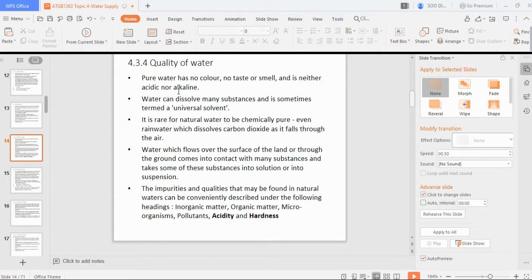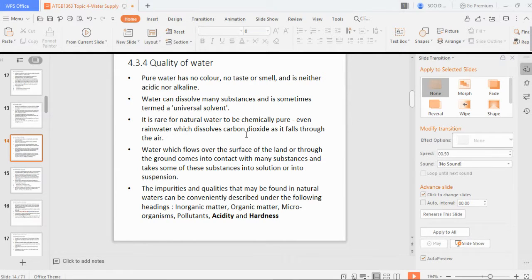Okay, so coming back to this, we know that the most pure state of water is very unique. But in nature, you actually won't be able to find it. We will not be able to obtain water in a very pure state, because water can dissolve a lot of substances. It can even dissolve gases.